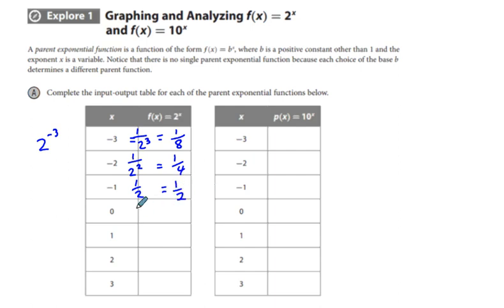And then 2 to the 0 power is equal to 1, and any number to the 0 power is 1. And 2 to the first power is 2. 2 to the second power is 4. And 2 to the third power is 8.